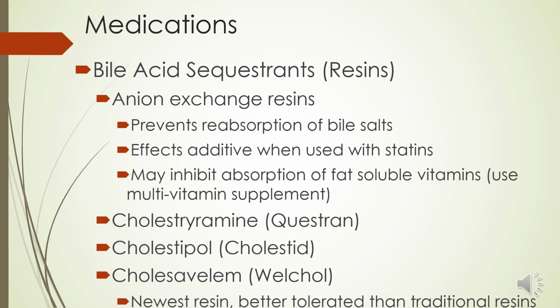They may also bind some polar drugs such as warfarin, digoxin, and thyroxine. So they have many side effects and drawbacks. So the best strategy for treatment will be the soluble fibers and the statins, as well as lifestyle change and dietary regulation.